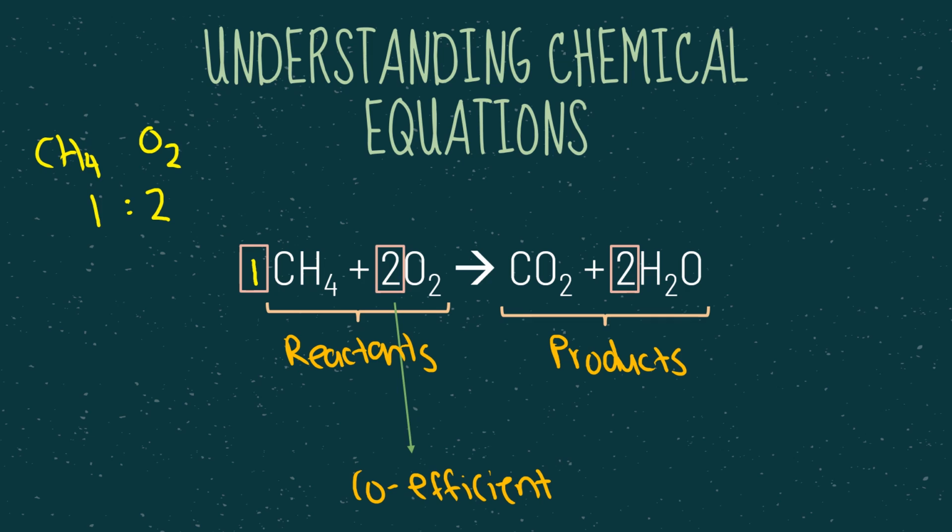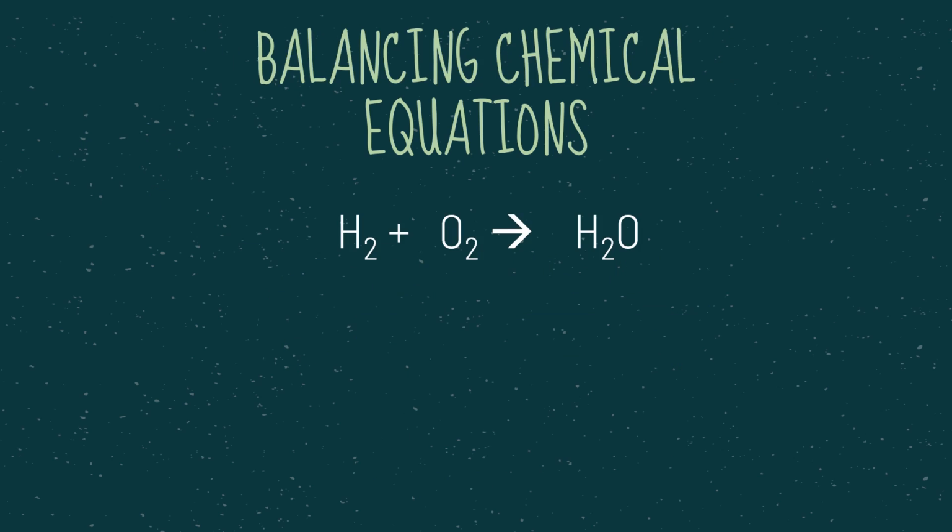Since now we understand what chemical equations look like, we can move on. Balancing chemical equations means that the number of atoms in the reactants has to equal the number of atoms in the products. In this case, on the reactant side, we have 2 hydrogen atoms and 2 oxygen atoms.